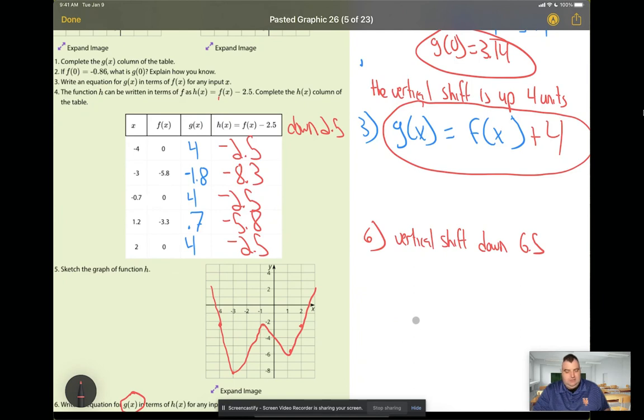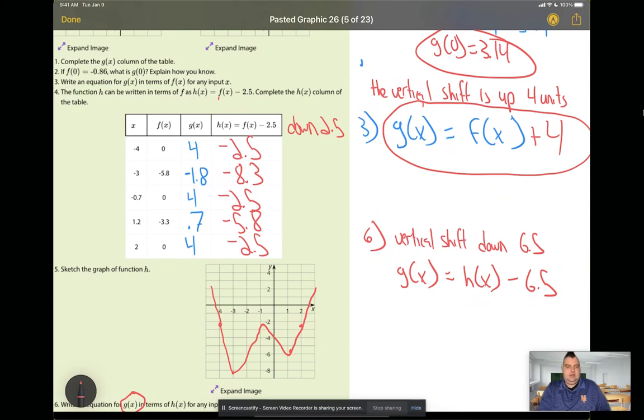So I'm going to write g of x equals h of x minus 6.5. Again, I do the non-opposite, so minus 6.5, and I go outside the parentheses.